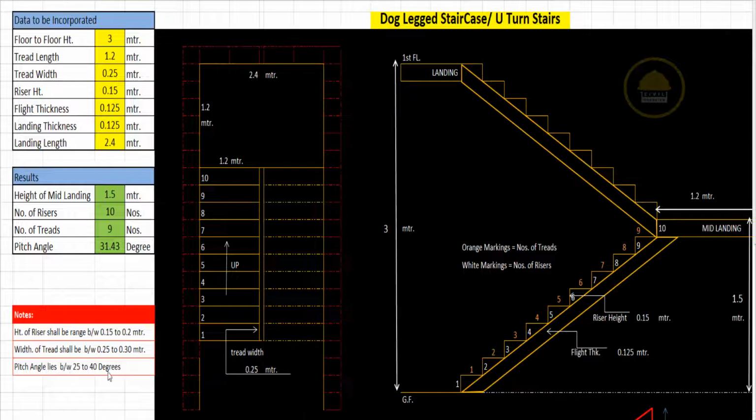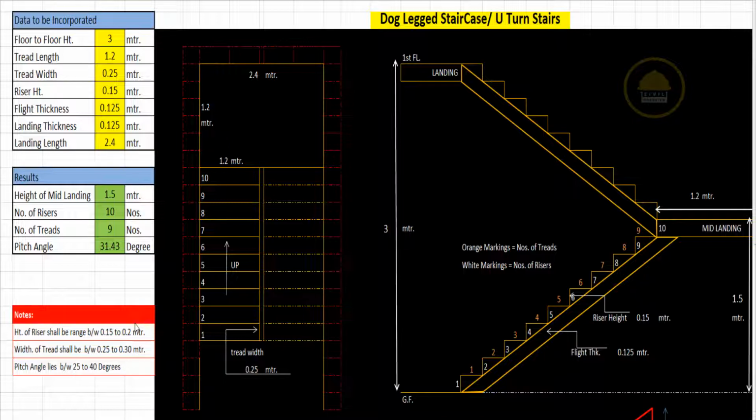The higher the pitch angle, the lower the comfort of achieving the elevation. So you have to maintain the pitch angle between 25 to 40 degrees for smooth achievement of your floor height.